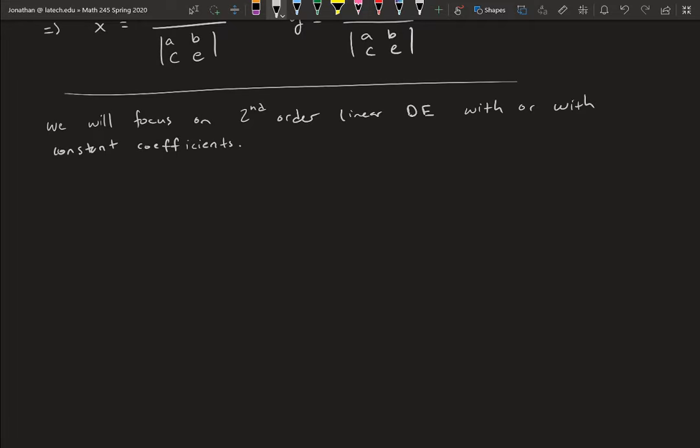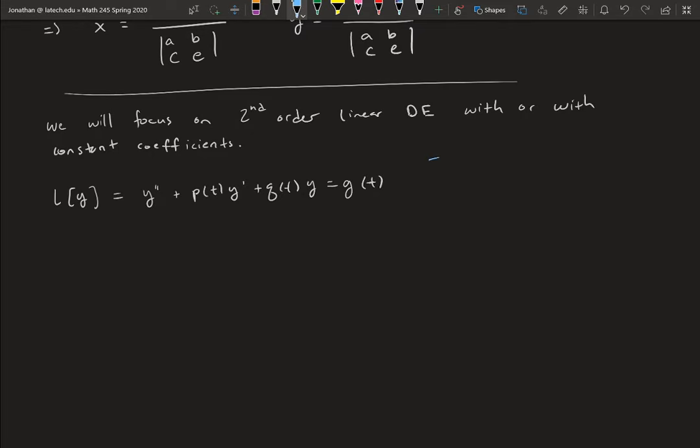So basically the differential equation, we can write L of y, our linear operator, as y double prime plus, we'll call it p of t, y prime plus q of t y equals g of t. So this is our linear non-homogeneous differential equation, possibly without constant coefficients, but it's in standard form.